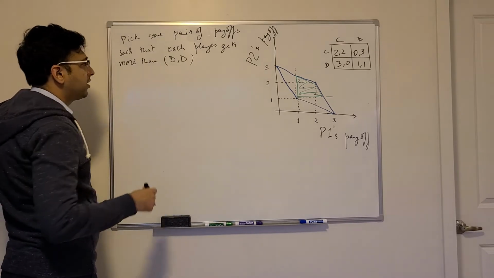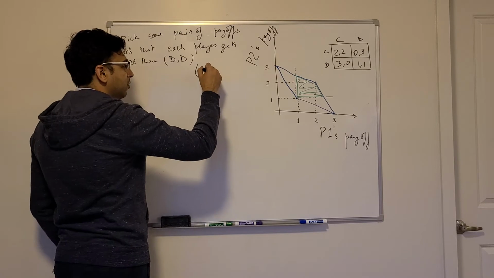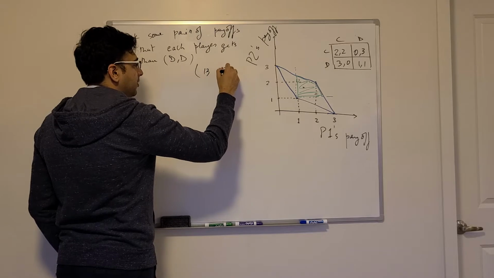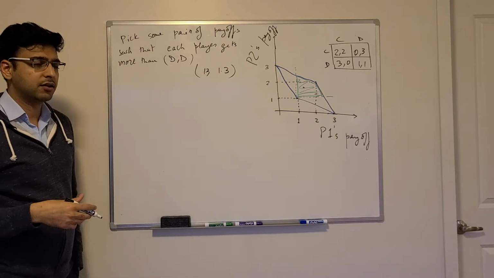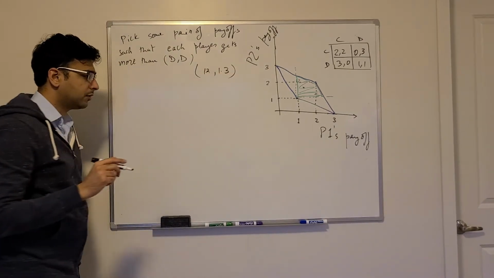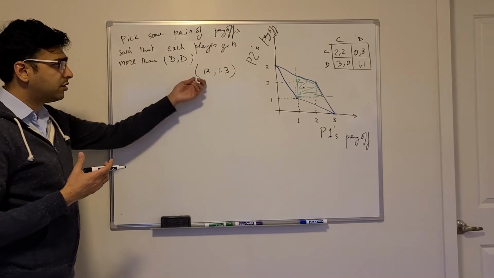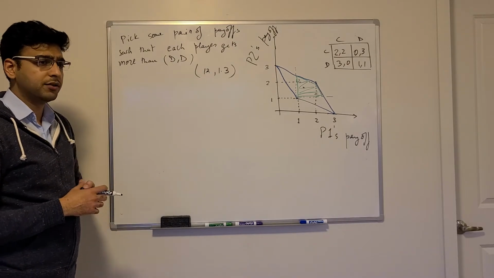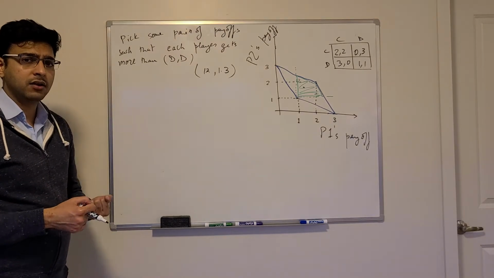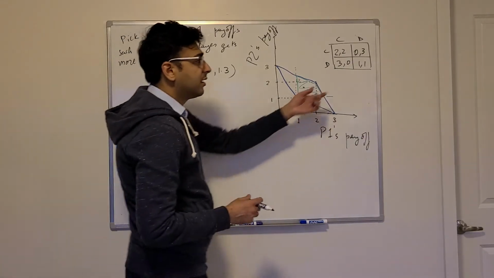So just pick a pair of payoffs. For instance, just to concretize things in your mind, let's say you want to offer player 1 1.2 and player 2 1.3. Some numbers that are greater than 1 and 1. If you want to give these two players 1.2 and 1.3, then there has to also be some sequence of action profiles, some sequence of outcomes that can generate that.